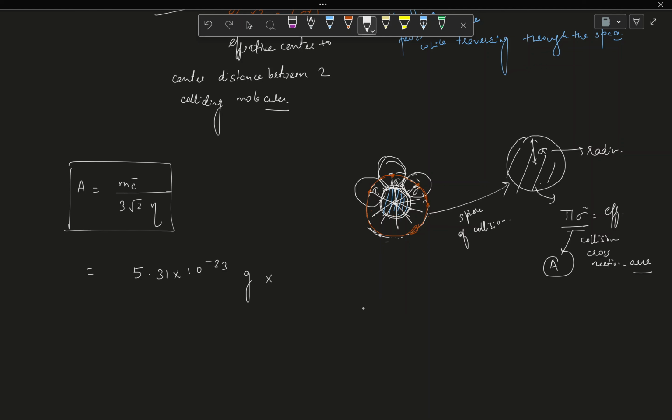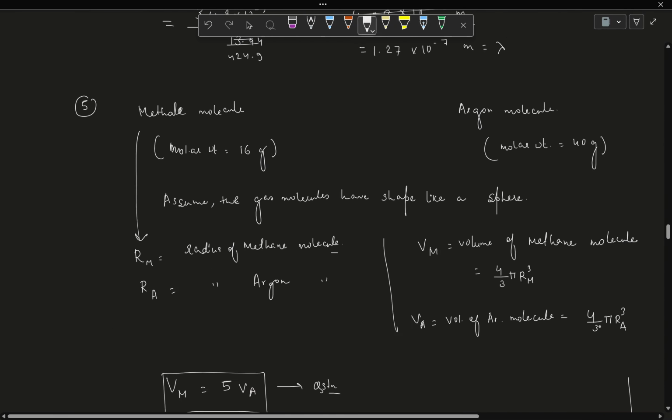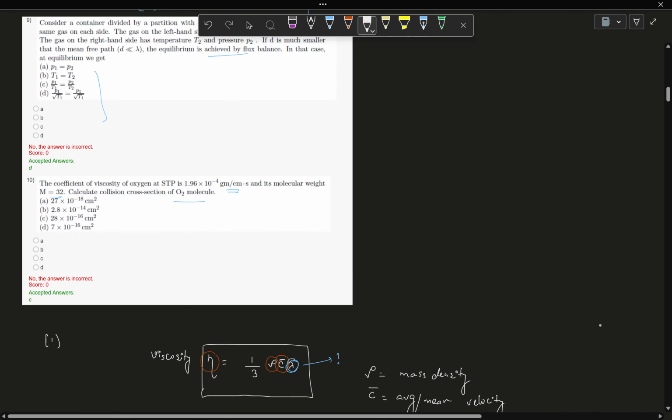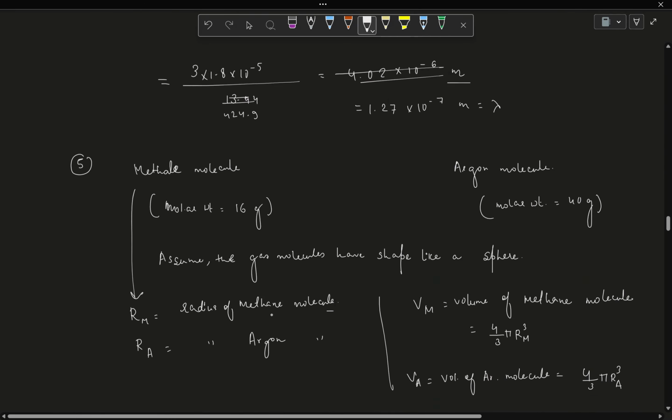So C bar you can calculate separately: root over 8 k_B T, where k_B is 1.38 into 10 to the power minus 16 for CGS, not 23, into T. What was your T? Standard temperature and pressure is given probably. Let us check the question once again. Yes, STP, that means it is 300 Kelvin obviously.